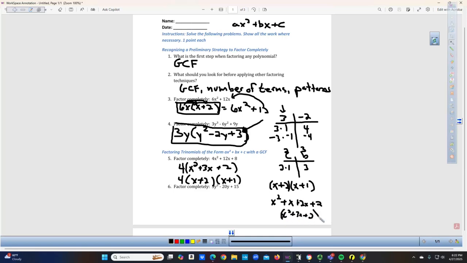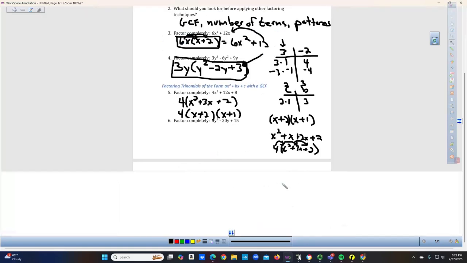And then, of course, there's the 4 that needs to distribute to all 3 of these terms, which is going to give me a 4x squared plus 12x plus 8. Back to the original question, right? Therefore, I know that this is my final solution.